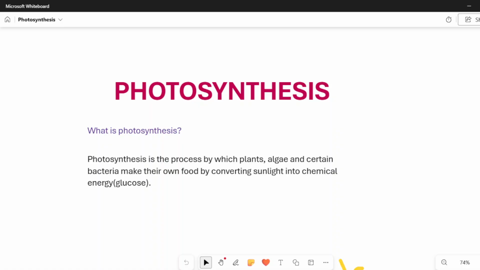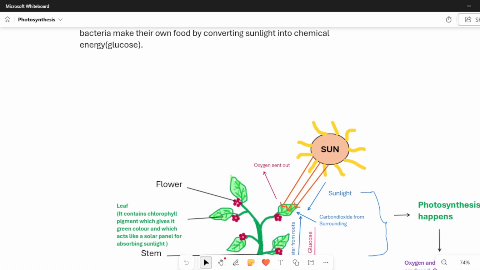The leaf is what we are able to see, but actually photosynthesis happens way deeper inside the leaf, which we cannot see with our naked eyes. Only if we use a microscope will we be able to see that actual process which is happening at the microscopic level. So let us get into this photosynthesis process.